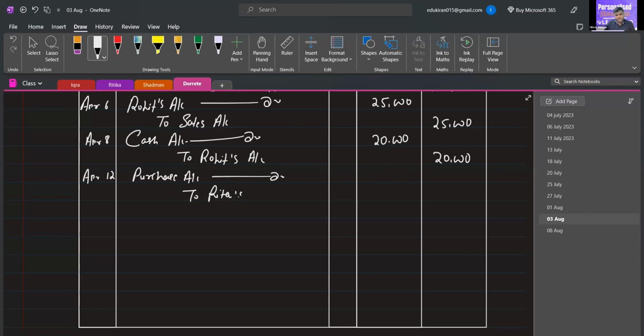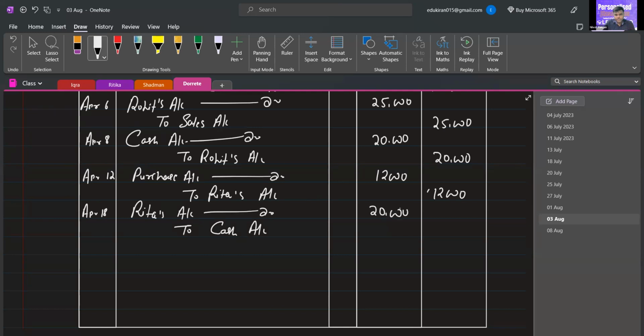The amount is 12,000 and 12,000. And on April 18, cash paid to Rita. So Rita account debit to cash account. It is 20,000 and 20,000.